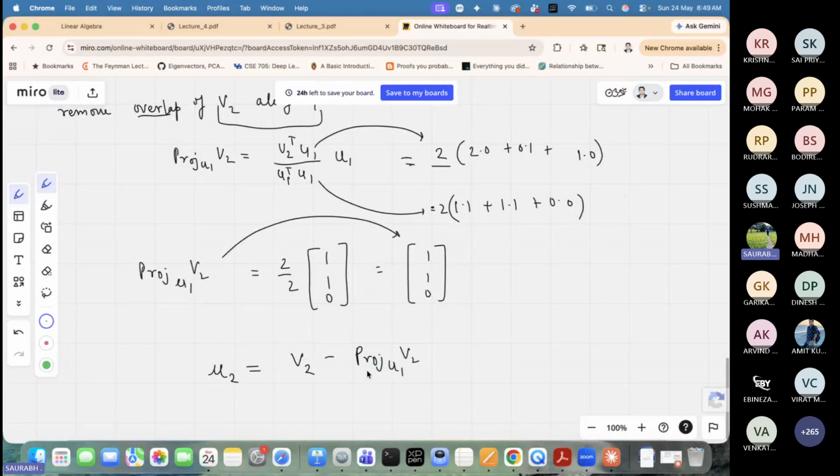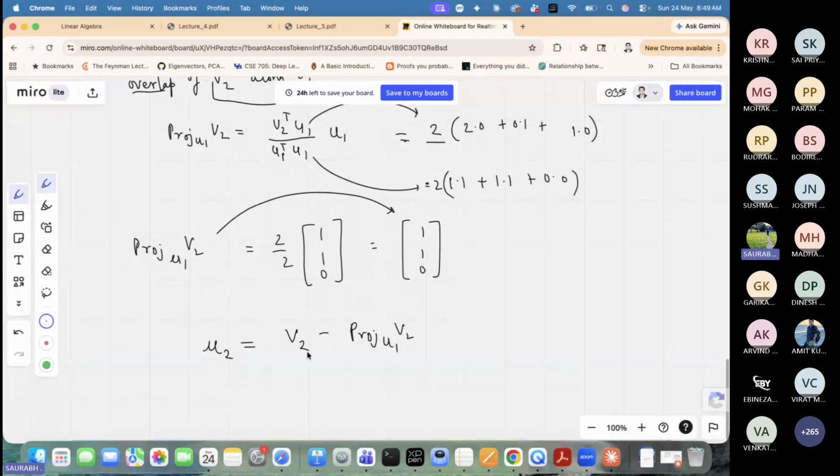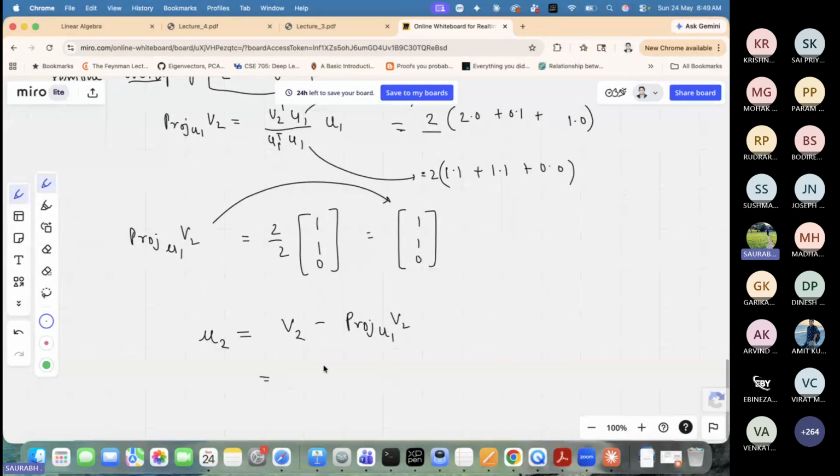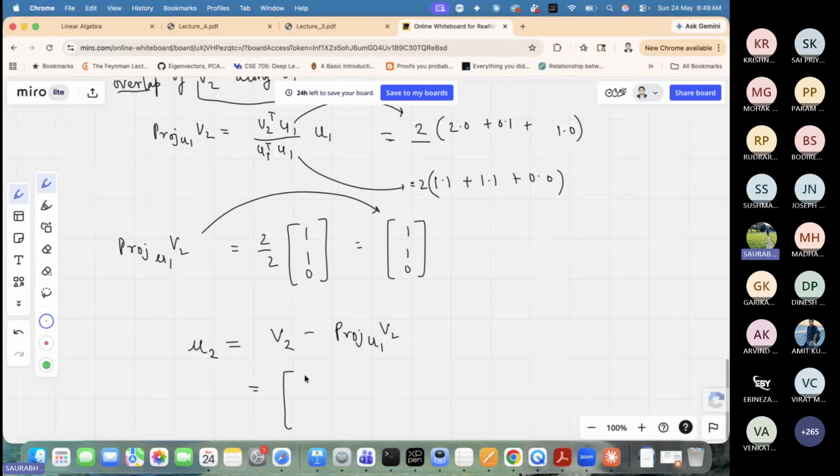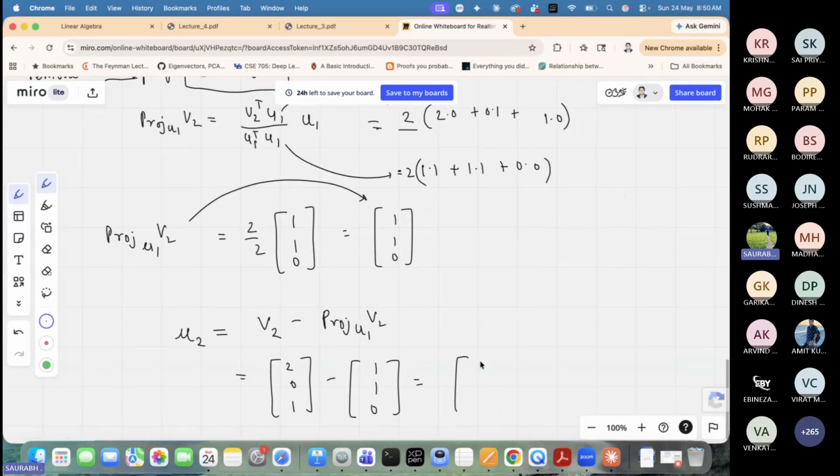You remove the part of V2 that is aligned in the direction of U1, and you get the perpendicular direction. So V2 is 2, 0, 1, minus the projection 1, 1, 0, which gives 1, minus 1, 1. This is the vector that you got.